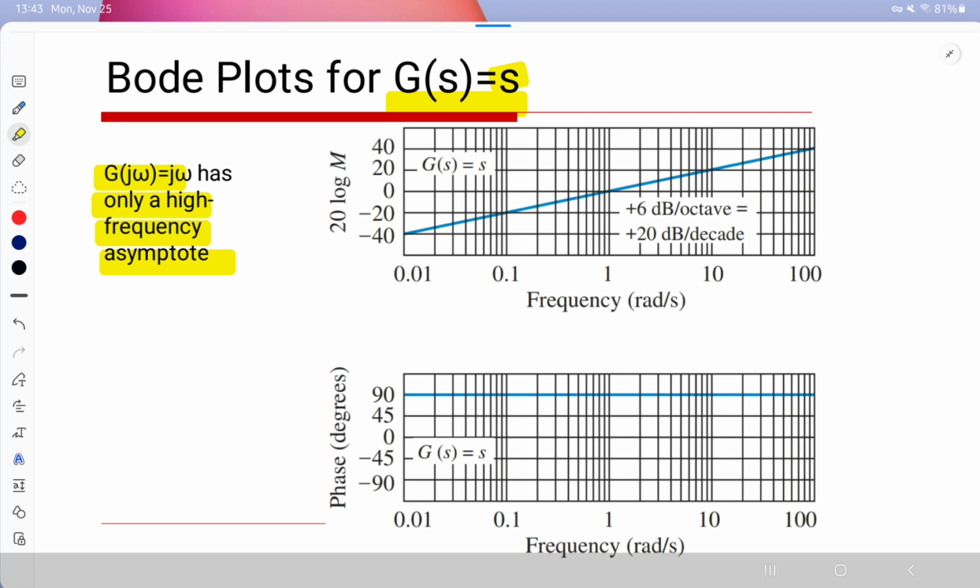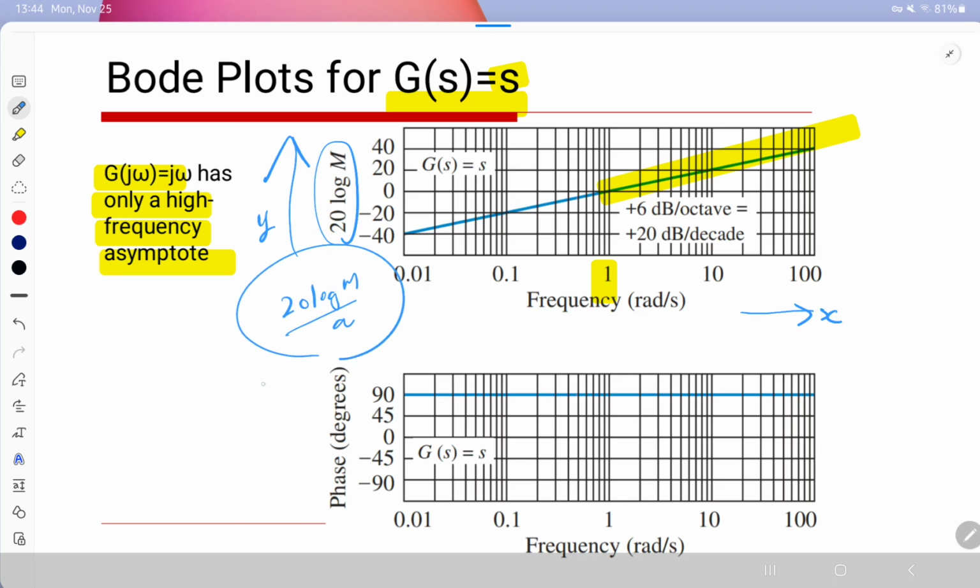So for the high frequency asymptote, it starts at 1. So pay attention to the scale on the x-axis, the horizontal, and the y-axis, vertical, whether it's 20 log M or 20 log M over A. If it's divided by A, that's normalized. If it's not, then it's just a regular plot. So starting at 1.